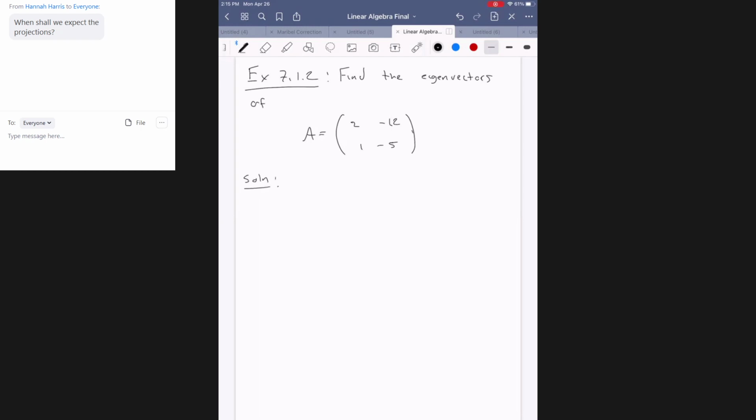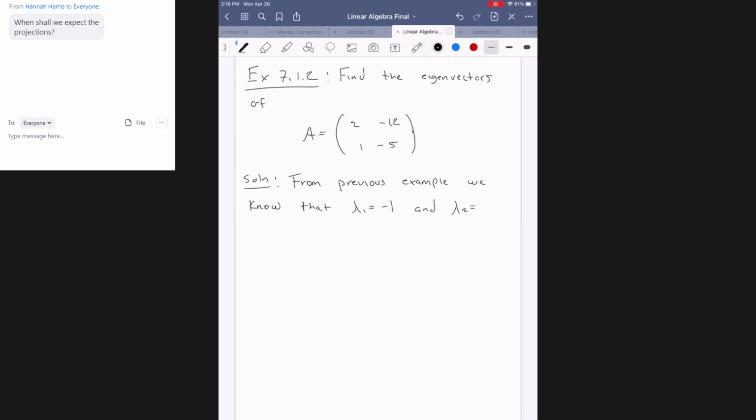From the previous example, we know that lambda 1 is going to equal -1, and lambda 2 is 1.